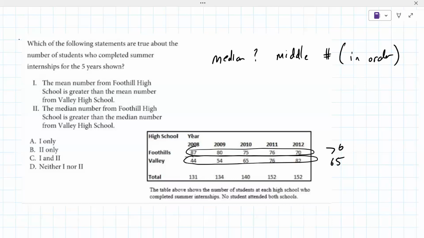The mean is adding them all up and dividing, right? And you're allowed to use a calculator.